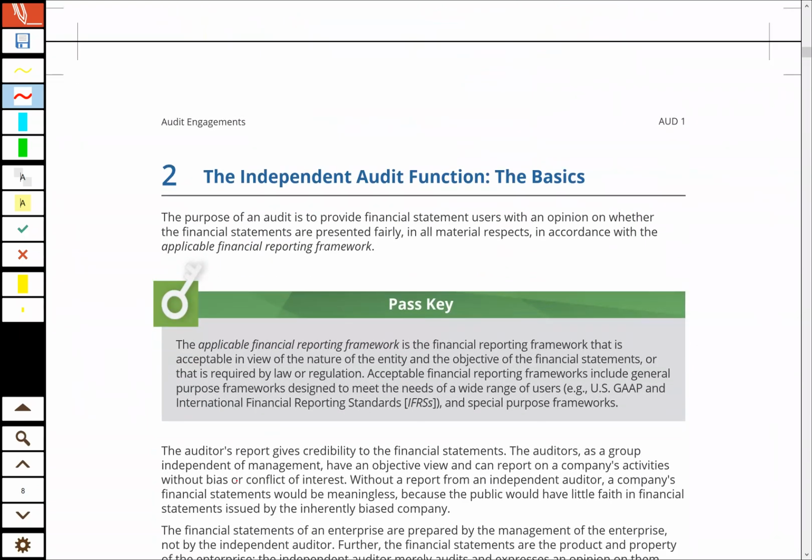Now, let's understand a little bit about what the objectives of these audits are. The objective of an audit is for us to provide an opinion as to whether the financial statements are following the applicable framework. When we say applicable framework, that could be US GAAP, Generally Accepted Accounting Principles, but it could also be, for example, IFRS.